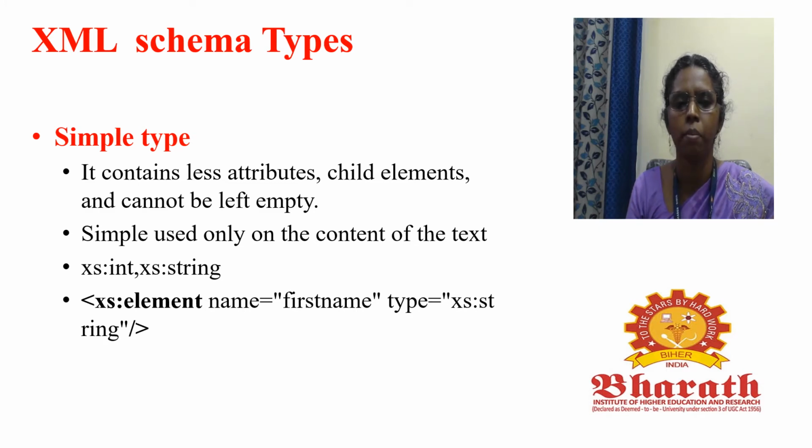So this is the simple type, xs:int means the value should be an integer, and xs:string specifies that the value of that element will be of string type. But definitely you should have a value for the first name. So we have to define the name of the element as well as the type of the element. This is the simple type of XML schema.